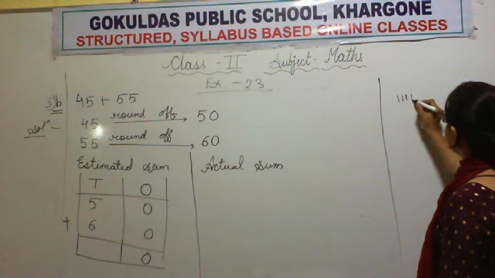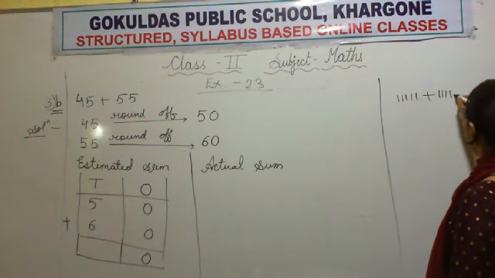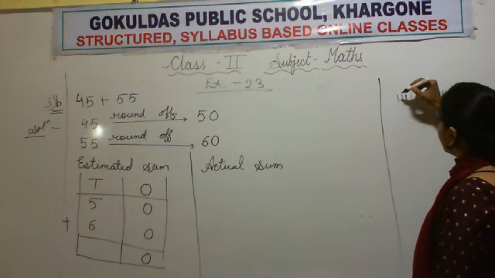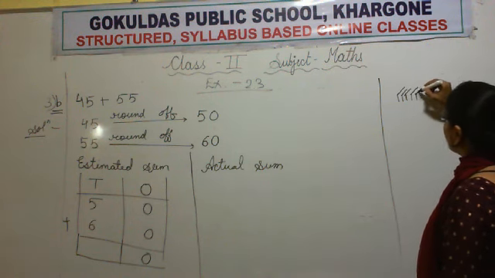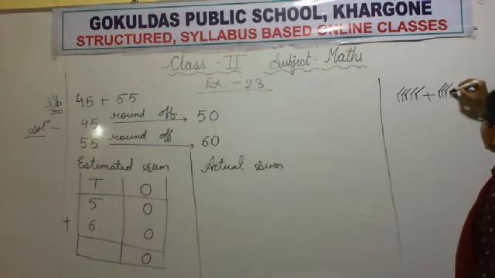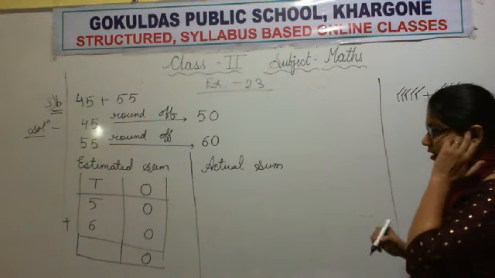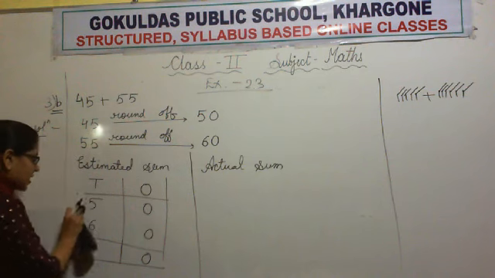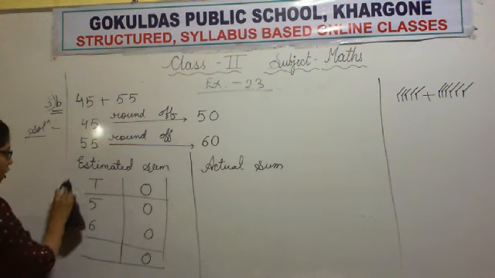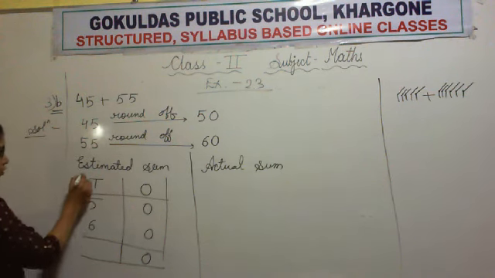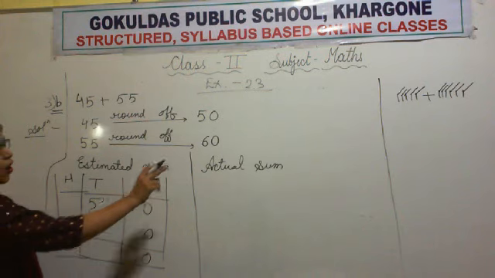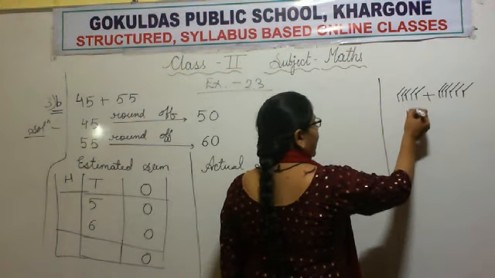Now for that, we'll draw 5 sticks plus 6 sticks. So let's count how many sticks are there. 1, 2, 3, 4, 5, 6, 7, 8, 9, 10, 11. So we got the third place value also. We'll make one more column in our table. So we got 11 in our answer.